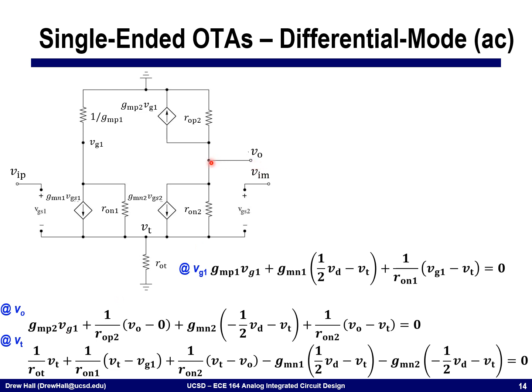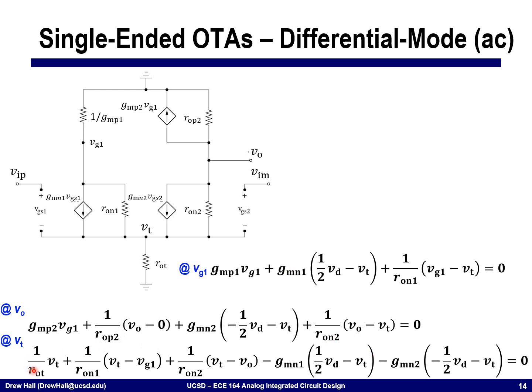At the output node on the other side, I'm going to have current that flows up into this transconductor GMP2. I'm going to have current that flows out of GMN2, and then current that's going to flow into ROP2 as well as RON2, right here and here.